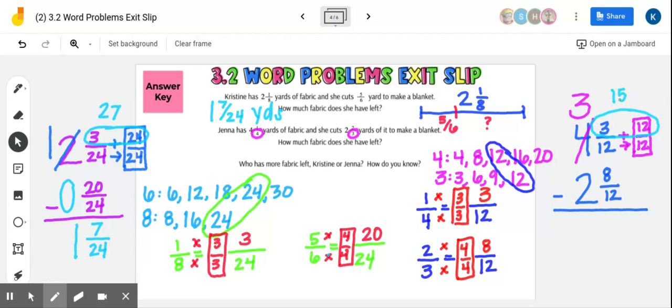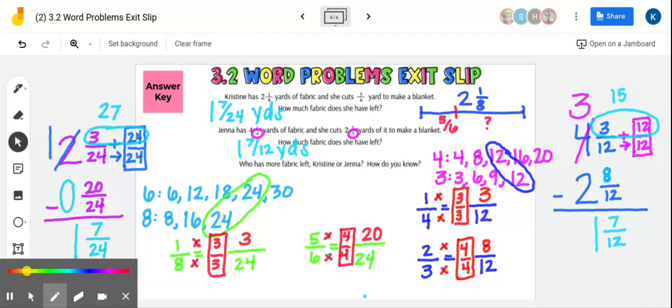So now I can do 15 minus 8 is 7. Your denominator stays 12. And then 3 minus 2 is 1. So Jenna has 1 and 7/12 yards left.